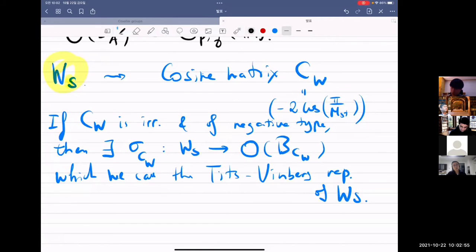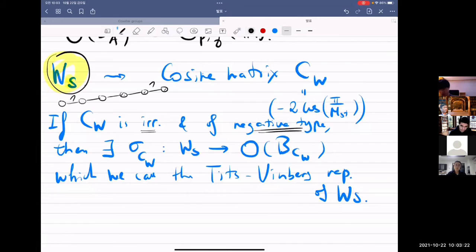So previously, if you remember this W_S, the 7, 7, right? And then we have a corresponding cosine matrix. And then you can easily check, of course, this is irreducible and also of negative type.